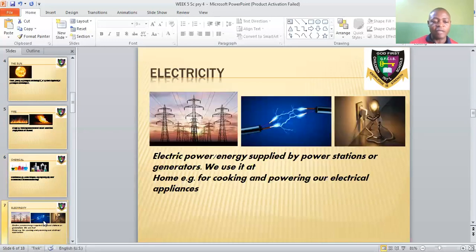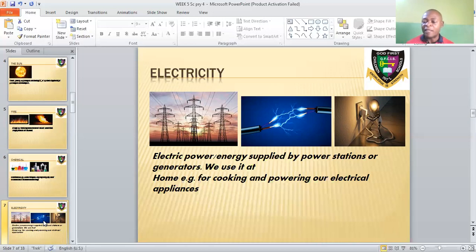The next one is electricity. This is electric power energy supplied by power stations or generators. We use it at home for cooking and for powering our electrical appliances.